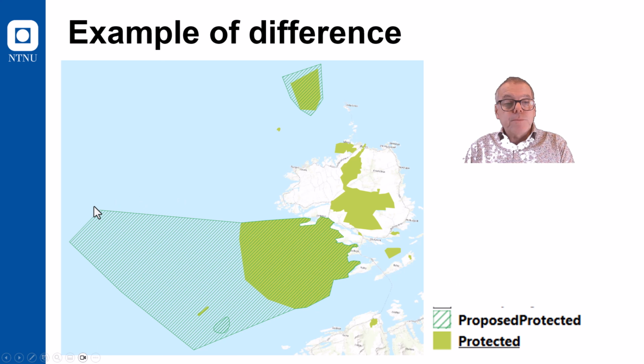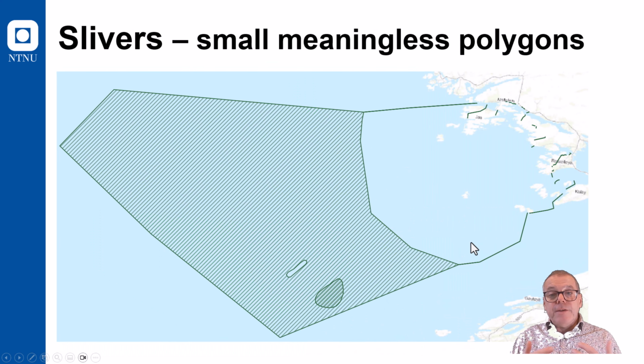Probably the proposed protected dataset is not updated, because this has now the status as protected and not only proposed protected anymore. So then you can run a difference and exclude those areas from the proposed protected which are already protected.